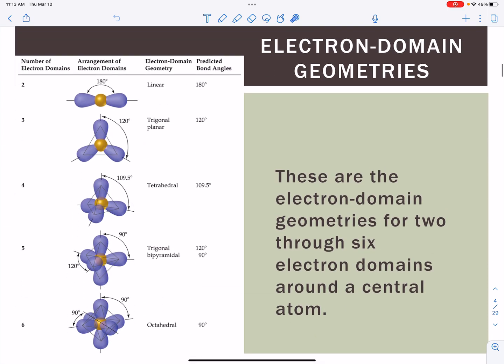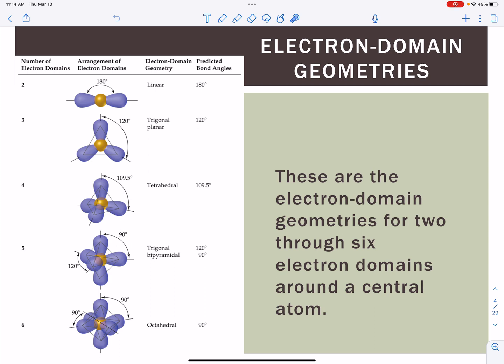Okay, now you can predict the electron domain geometry for all sorts of molecules. If there are 2 electron domains, in other words, 2 spaces around your central atom, that's going to be a very linear thing because the furthest 2 things can get away from each other is 180 degrees from one another. And so we call that linear. If you have 3 electron domains, we call it trigonal planar because the furthest they can get away is 120 degrees from one another. 4 we already saw.